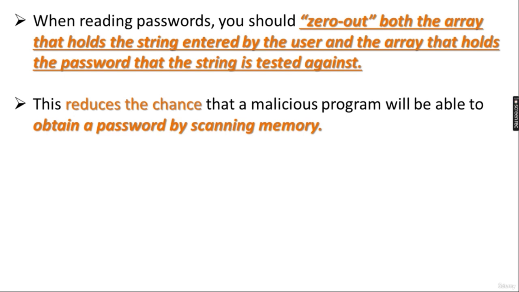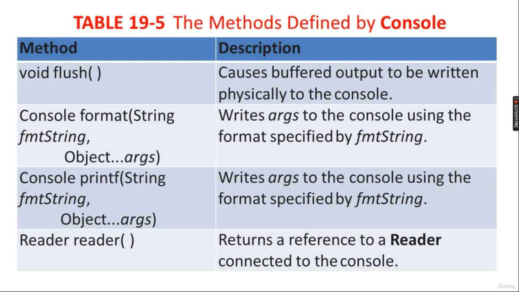For example, if ABC is the user and its password is stored in an array as ABC123 and the user enters ABC123, first clear the array that is tested against, and then the array the user entered as input. This reduces the chance that a malicious program will be able to obtain a password by scanning memory, and your memory can be hacked. So this type of disadvantage can be eliminated.